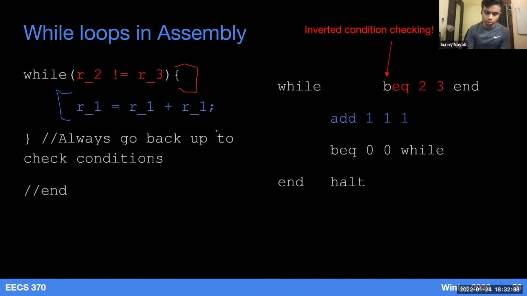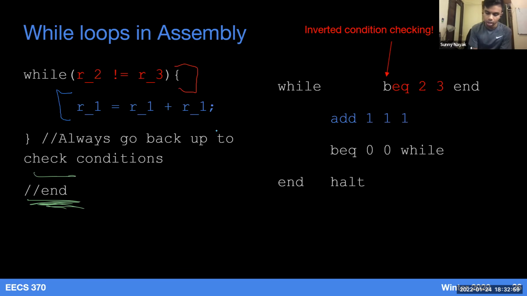Essentially, we want to only jump. If we had code after this, I'm underlining this in green, we only want to jump to that green code once the condition evaluates to false.